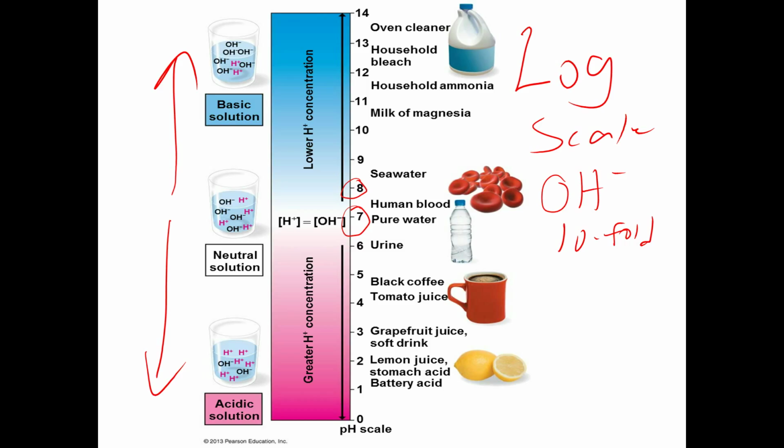Anything that is less than 7, you label as acidic. Anything above 7, you label as basic. Again, when a solution becomes acidic, you are increasing the concentration of protons, hydrogen ions.